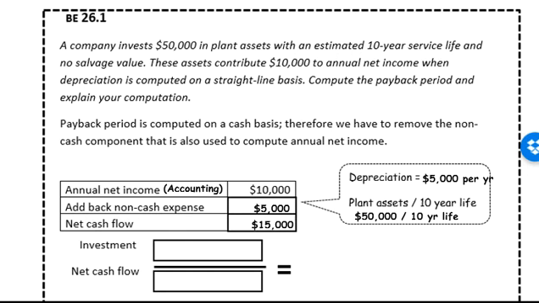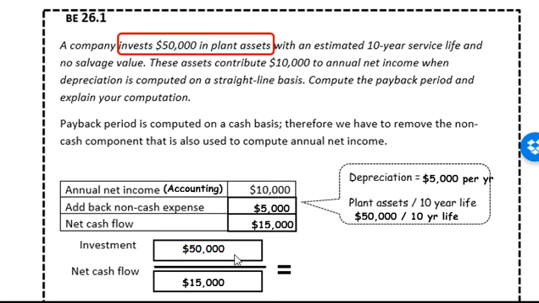So what that means is I take the $10,000 of net accounting income and I add back my non-cash expenses, which means I now have a net cash flow equal to $15,000. Now it's a matter of plugging in the numbers into the payback computation.